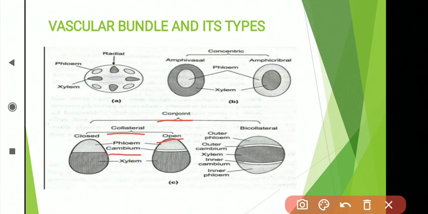If cambium is present in between xylem and phloem, such a type of vascular bundle is called open type of vascular bundle, and this conjoint, collateral and open type is generally found in dicot stem, for example sunflower stem.